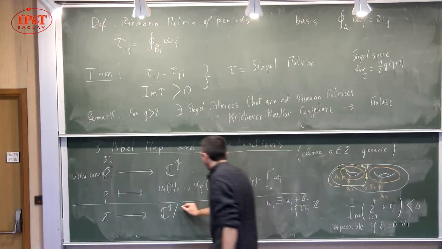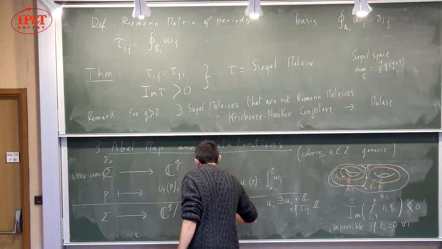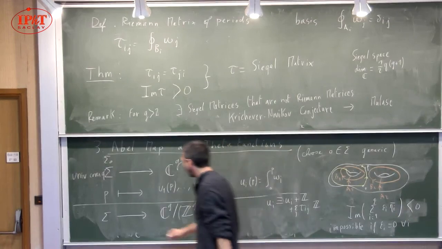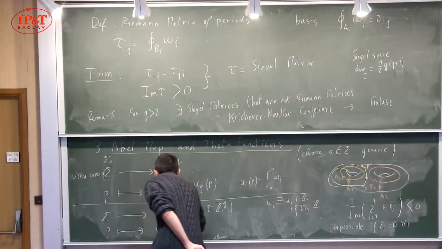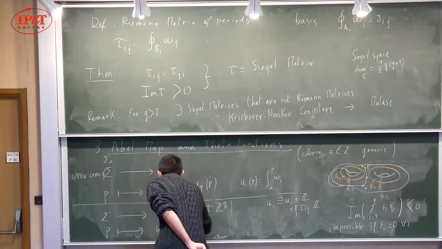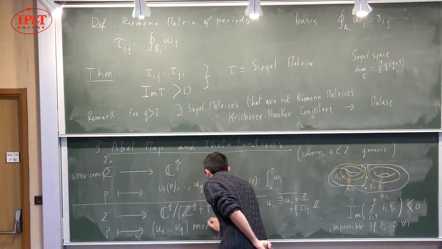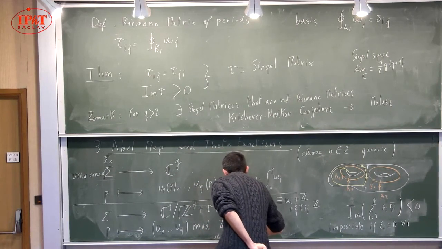So let's quotient. That's what we write like that: to P, we associate the vector U1, ..., Ug, modulo Z^g plus tau Z^g.